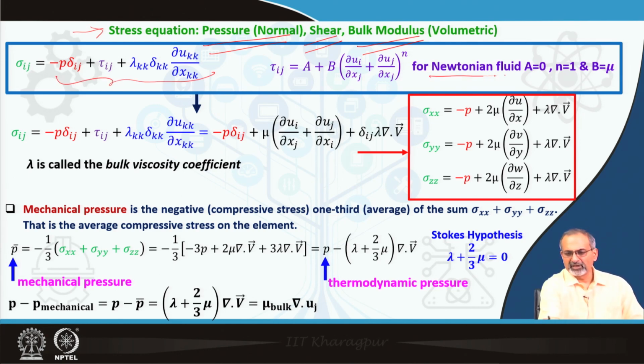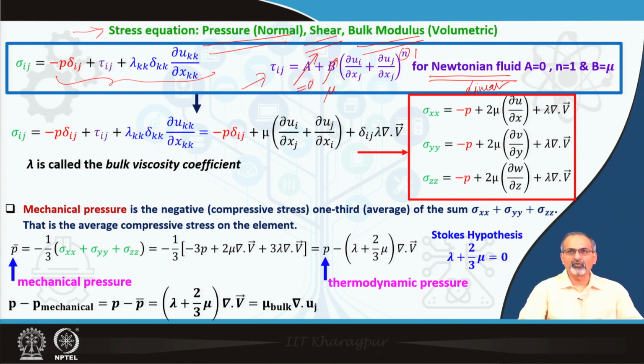Further, when we take a Newtonian fluid, we know that the shear stress can be represented using this equation for tau ij, where essentially this goes to 0 and the beta becomes the molecular viscosity mu, the superscript n becomes 1, which basically gives us the linear behavior for the Newtonian fluid.